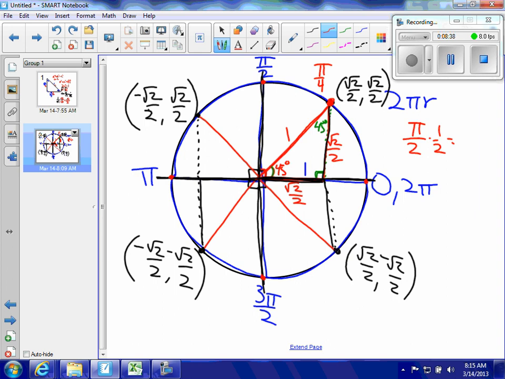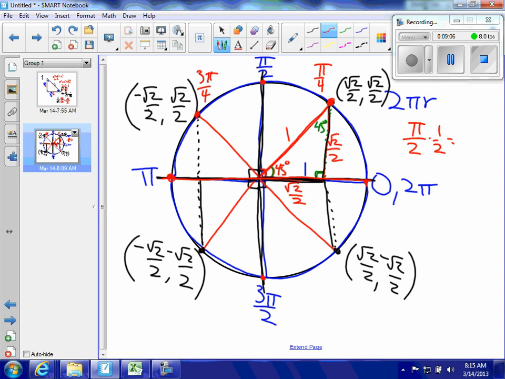And you can also see it because I took the top part of my circle and I divided it into 4 pieces. 1 piece, 2 pieces, 3 pieces, 4 pieces. So this is pi over 4. That's my first pi over 4. This is my 2 pi over 4, which is the same thing as pi over 2. This point over here would be 3 pi over 4.